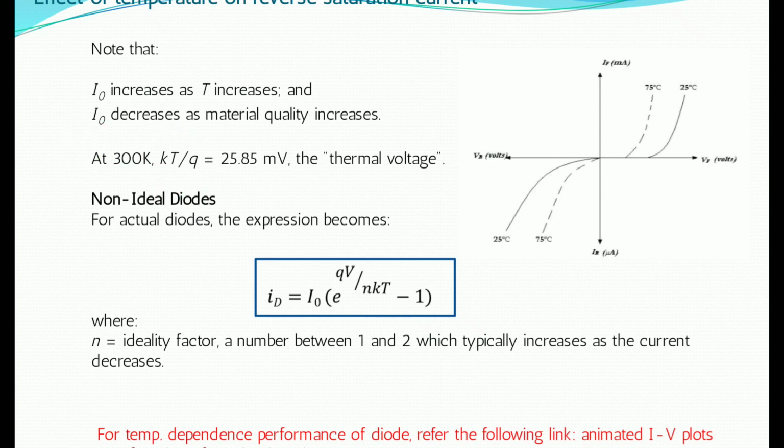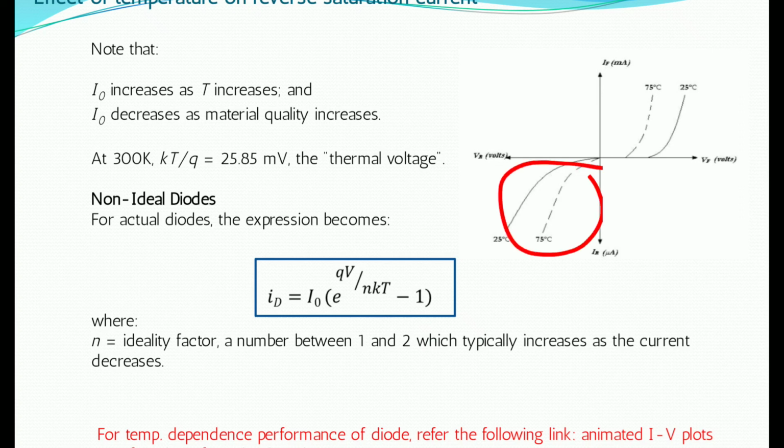From this equation, we can conclude that the current should decrease with increase in temperature, but exactly the opposite happens. That is, a rise in temperature in a diode leads to more electron hole pairs, thus increasing conductivity and current. The reverse saturation current of the diode increases with rise in temperature.